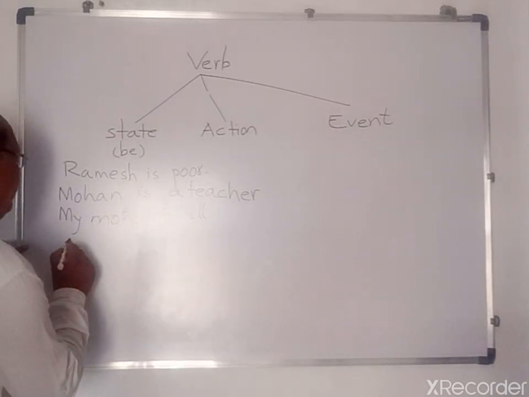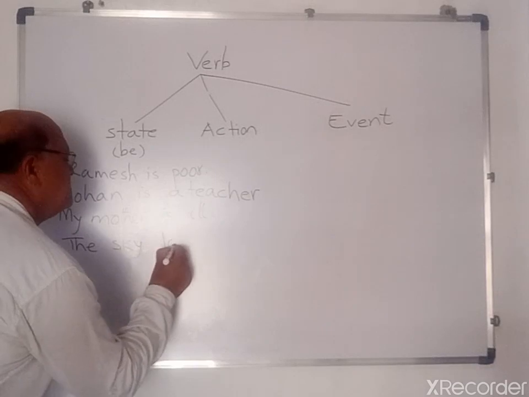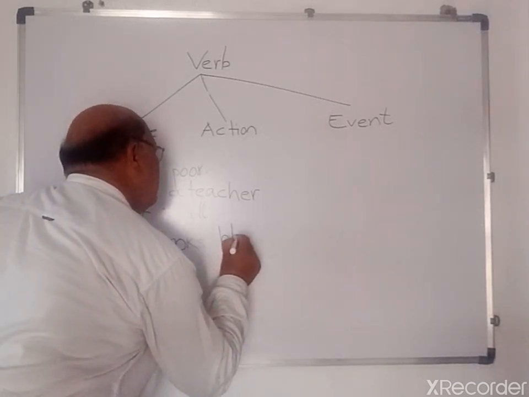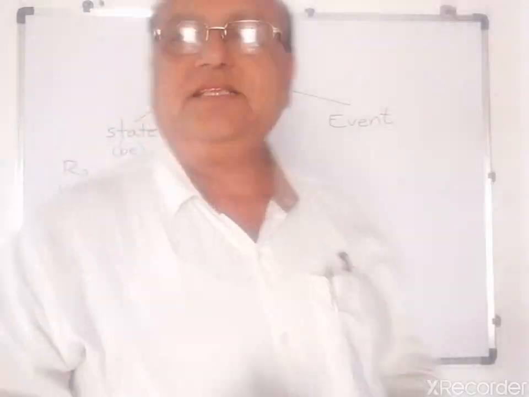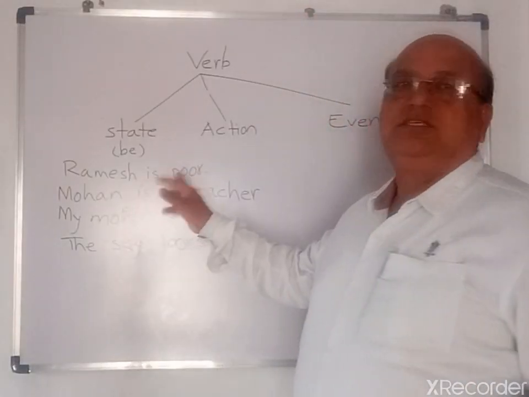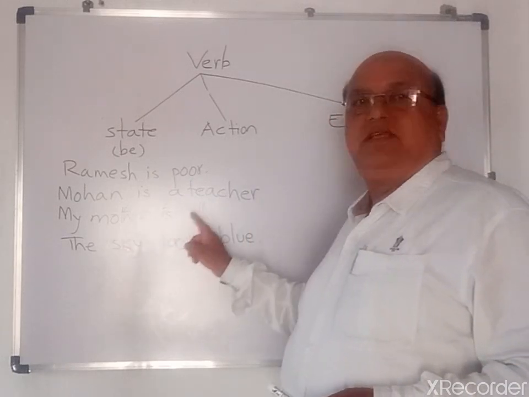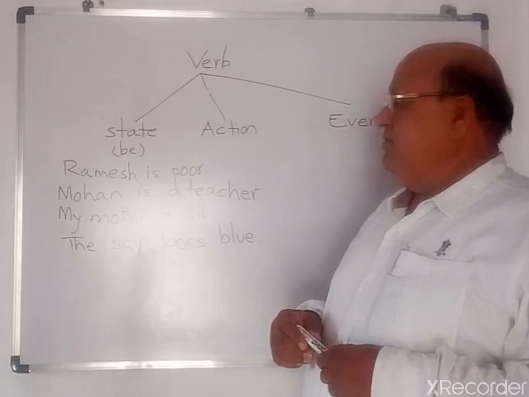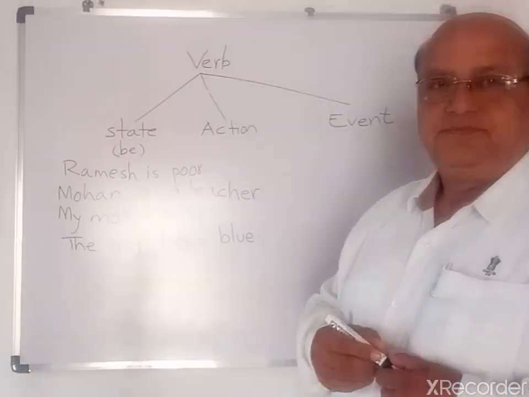The sky looks blue. There are 4 sentences. Ramesh is poor, Mohan is a teacher, my mother is ill, the sky looks blue. All these come under SVC pattern of sentences.